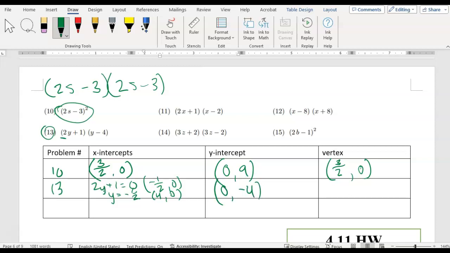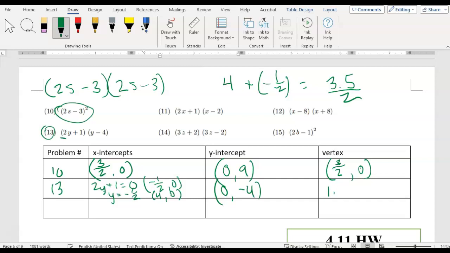Your vertex then is going to be the midpoint between negative 0.5 and 4. So this one might be, you know, a little bit more complicated too. 4 plus negative 1/2, which is 3.5, divided by 2. Okay, so you're going to get a little bit more complicated of a number in this one, where we have 3.5 divided by 2, and we get 1.75.